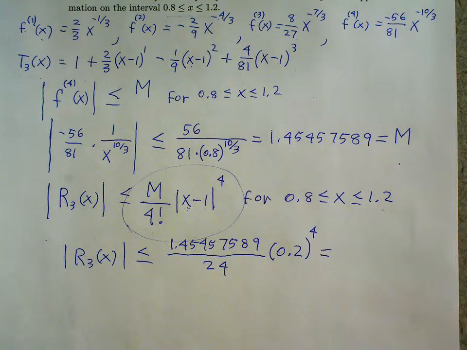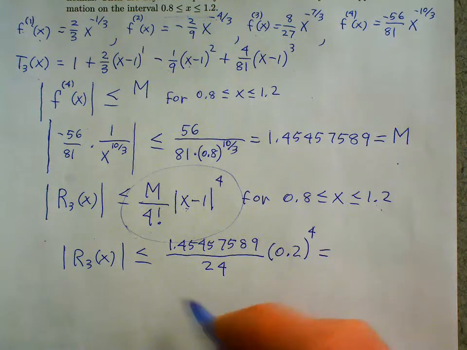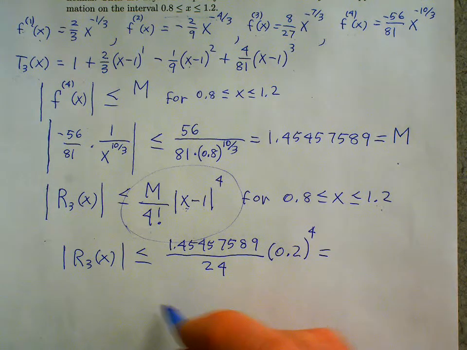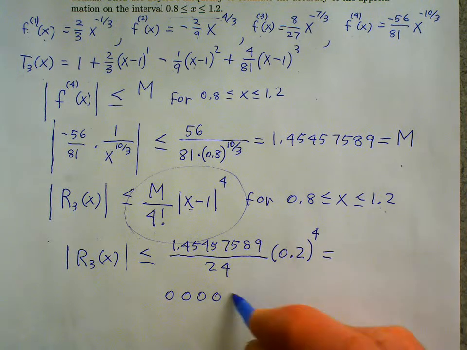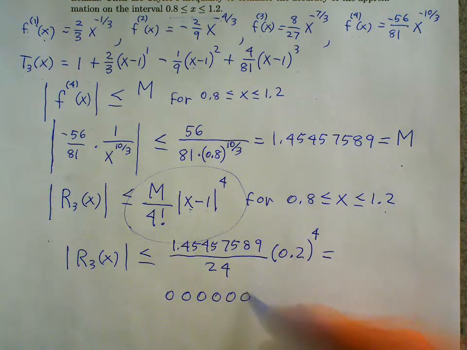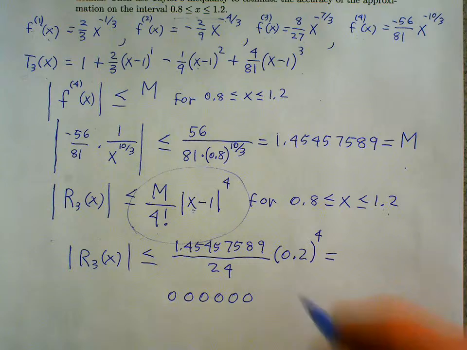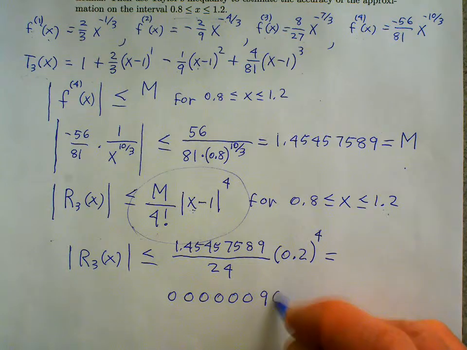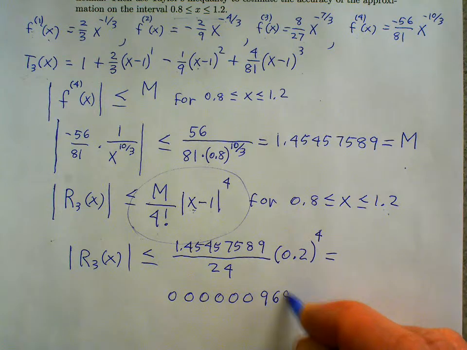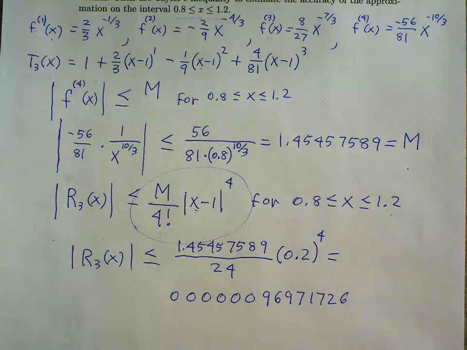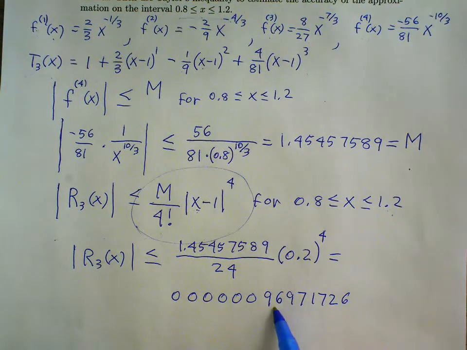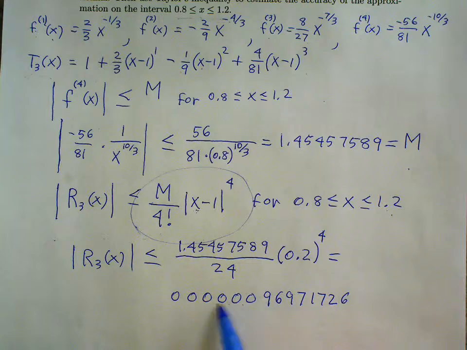Okay, I get my answer in scientific notation, so I'm going to have to convert it here, count decimal places. So we have these numbers: 96971726, and then 1, 2, 3, 4, 5.